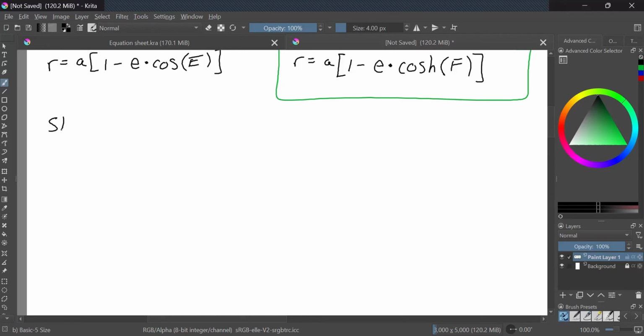We have sinh of f, which is going to be e to the f minus e to the minus f over 2.